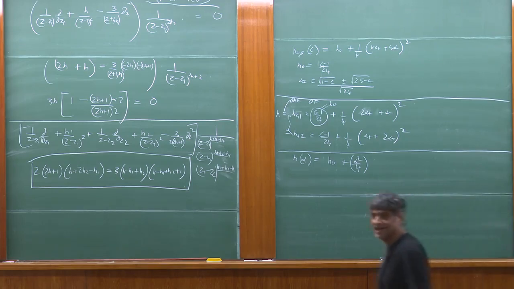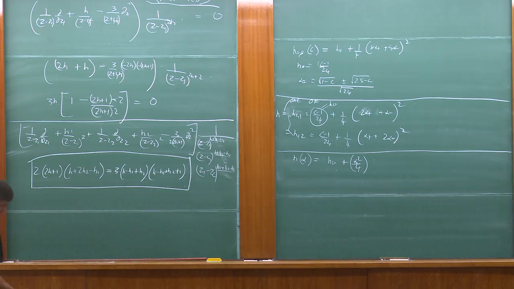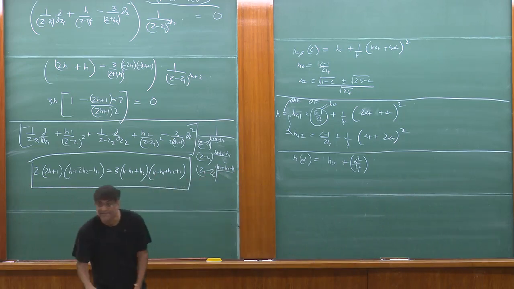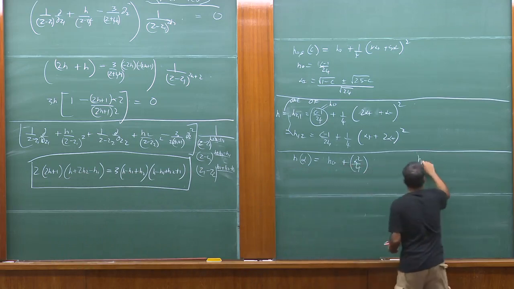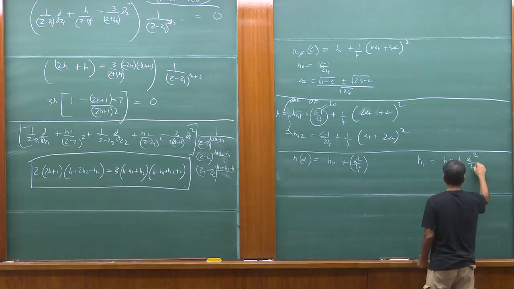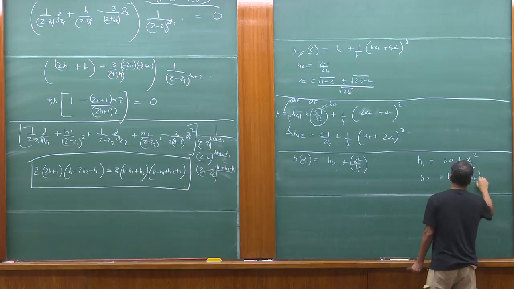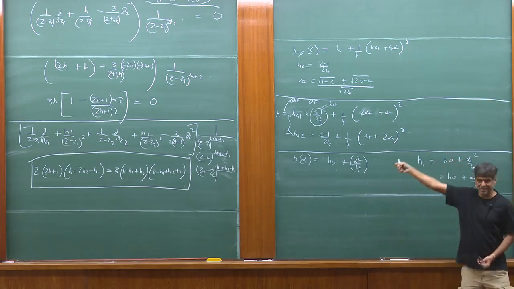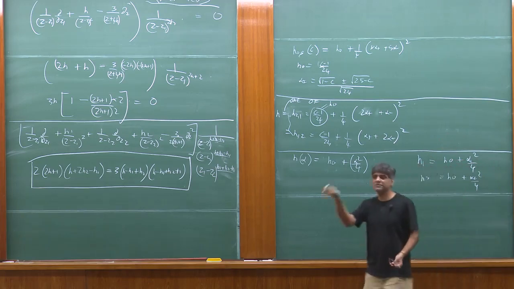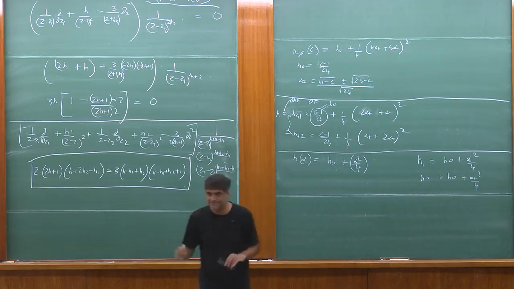This is something you can do. When you do that, you find the following. Plug H_alpha in for H1 and H2. So H1 is equal to H0 plus alpha 1 squared by 4. H2 is equal to H0 plus alpha 2 squared by 4. Plug them both in and solve for alpha 2 in terms of alpha 1 and whatever else appears. Clear?